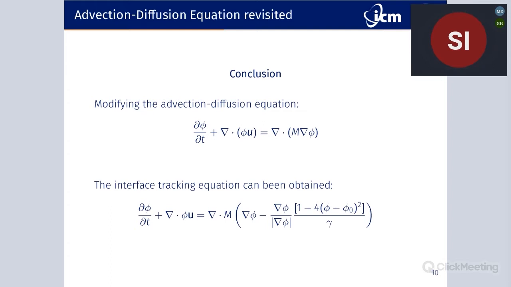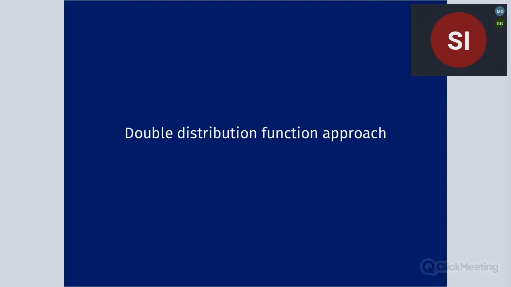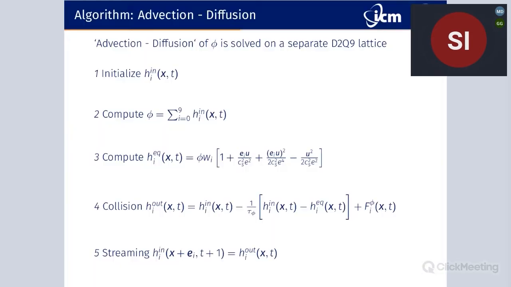And now we are very happy because we can use the algorithm which you have already seen to solve these equations. And we call it the double distribution function approach. And this means that we will just assign another distribution function which will be responsible for recovering this passive scalar field. So here you've got the same algorithm, just revisited.